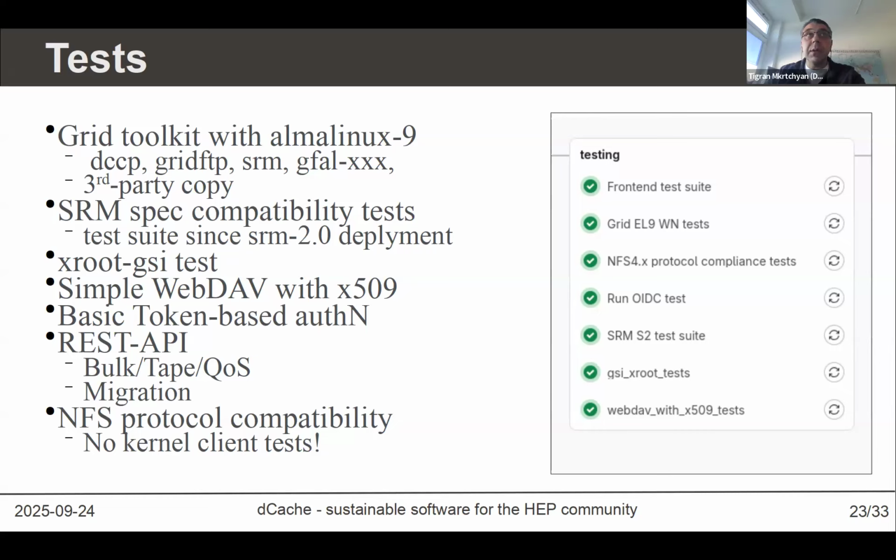For example, XRootD with tokens has been added recently. And other tests come from other communities, like the NFS protocol compatibility tests, which were written by the University of Michigan and are now maintained by Oracle. In total, we have about 6,000 different tests that we run.